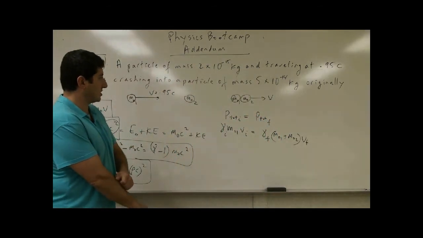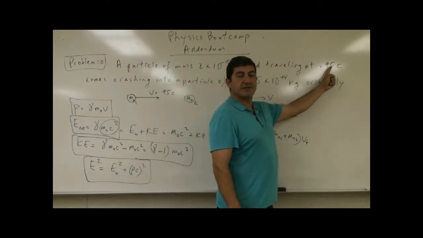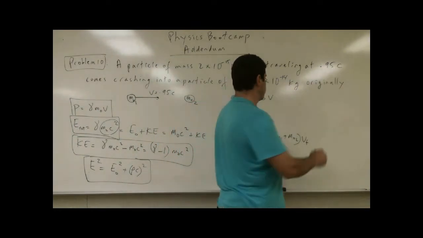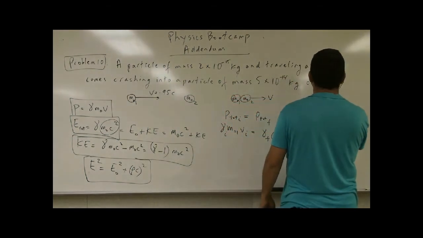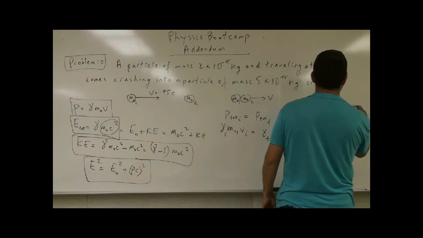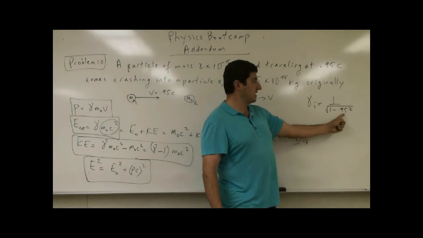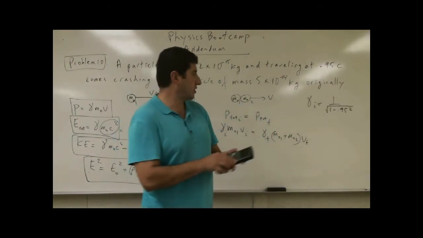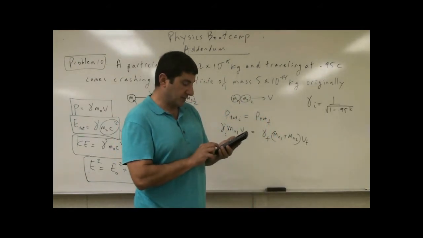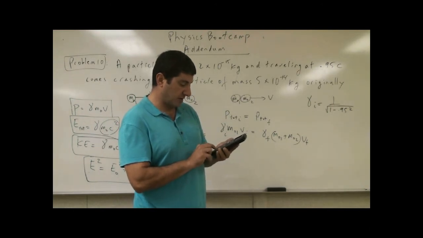So now let's do this. Let's calculate what the gamma is if the velocity is 0.95 c. So gamma initial is 1 over the square root of 1 minus 0.95 squared. All I need to know is the ratio of its speed to the speed of light, and then I'm going to square that. So I'm going to do 1 minus 0.95 squared.